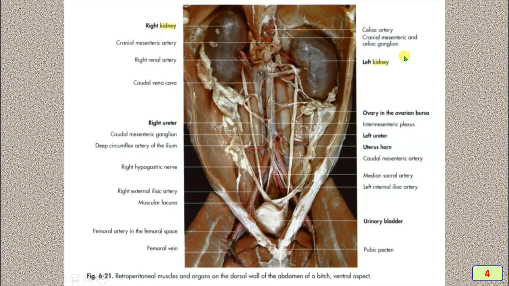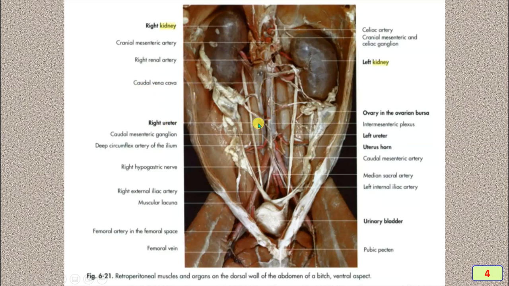The right and left kidneys are highlighted here, supplied by the celiac artery. Then the cranial mesenteric and celiac ganglion are there. The cranial mesenteric artery and right renal artery are also supplying, and the vena cava is the caudal vena cava.